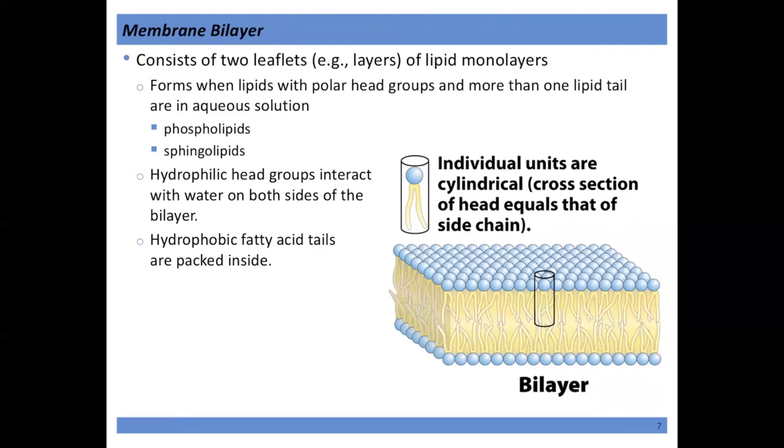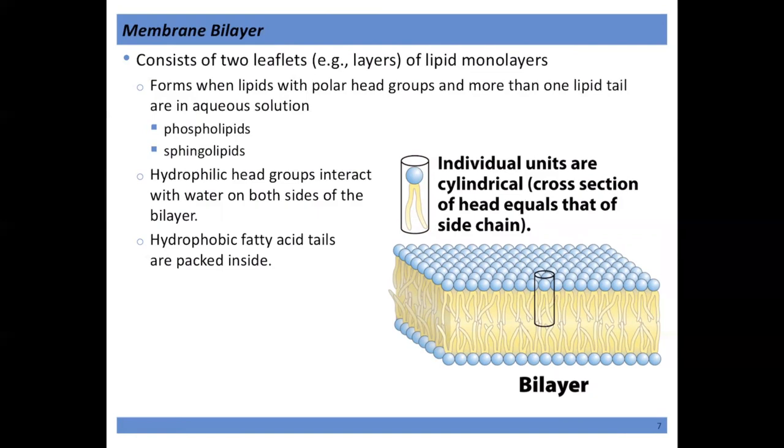And again, it makes sense because you've got water on the outside and on the inside, and then you've got the hydrophobic portions there. So the fatty acid tails are packed inside. And so you can look at these lipids here. I said that they were kind of a block structure, but they probably have more of a spherical structure, and they fit together nicely to form these bilayers.